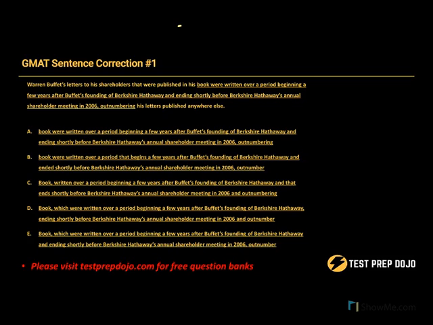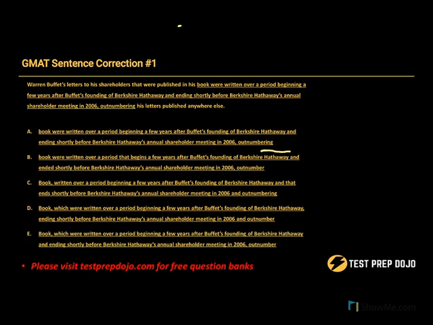In B, we have the subject, which is the letters to his shareholders that were published in the book. And then we have the verb "were written," and then we have "over a period that begins," and so on and so forth.